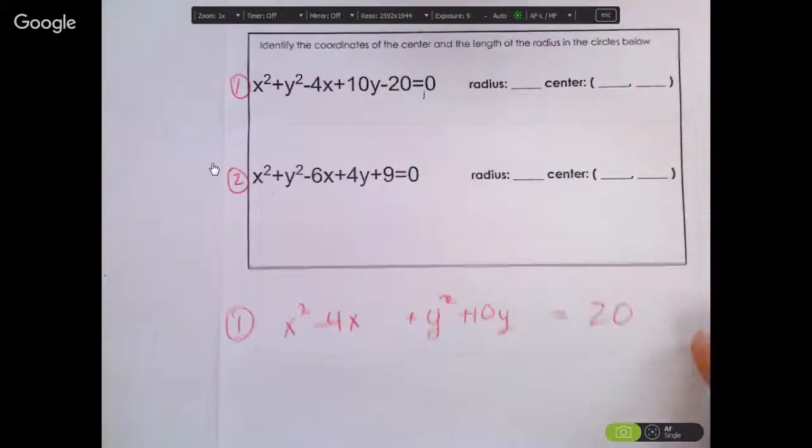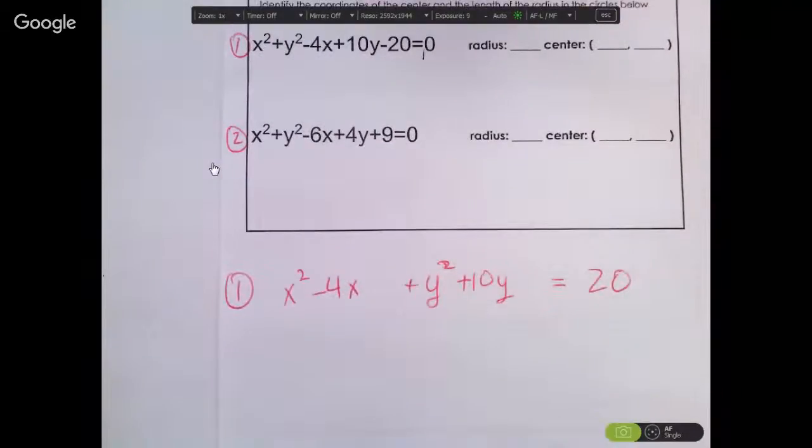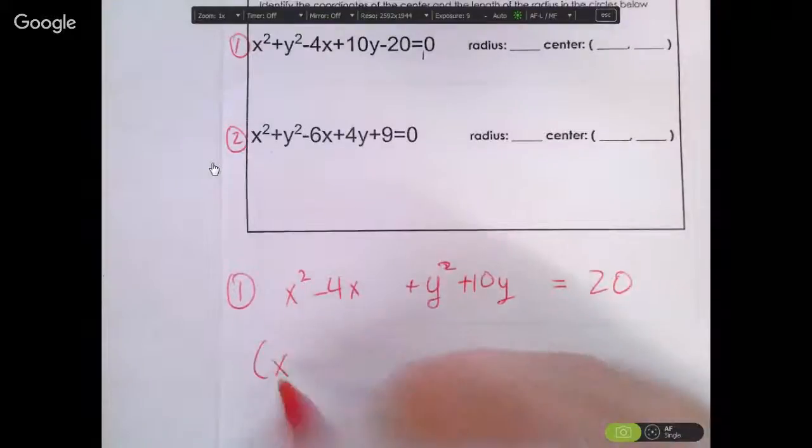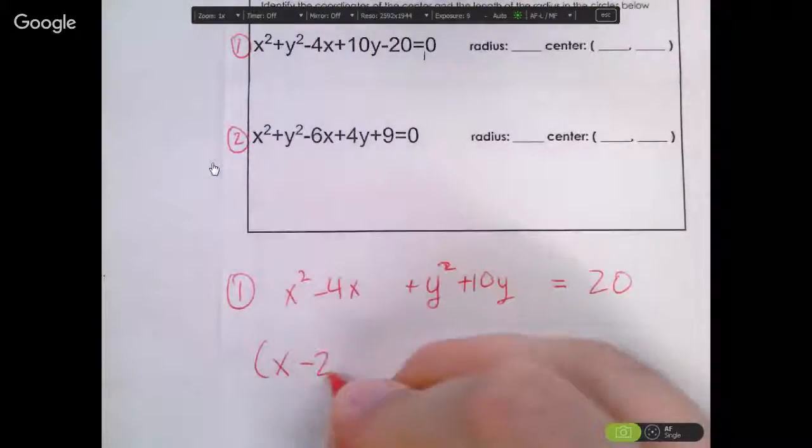No. Next. You tell them. Next, I want to make it in a form that I can figure things out.